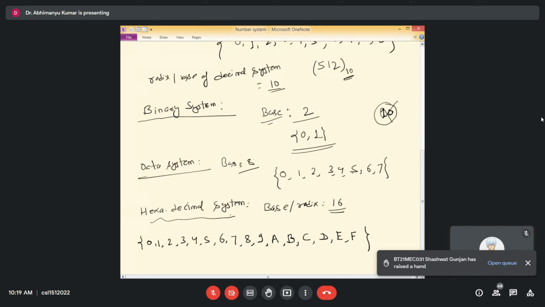Is there any query? Yes, sir. In the hexadecimal system, you have written till F, and there are a total of 17 numbers. Yes, sir, you have written 17 numbers in the hexadecimal system. 1, 2, 3, this is up to 10, 11, 12, 13, 14, 15 and 16.